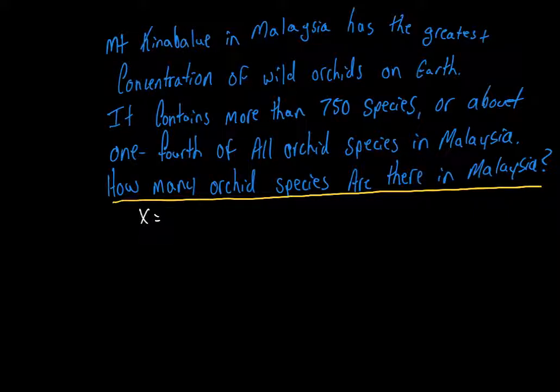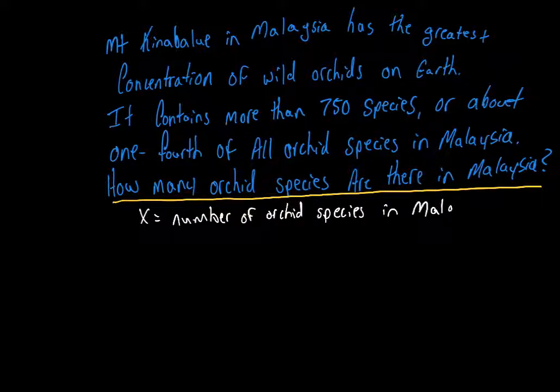X equals the number of orchid species in Malaysia. Okay, and you could have chosen another variable. I wouldn't have chosen O for orchid because you could get that confused with 0. So I would have chosen X.